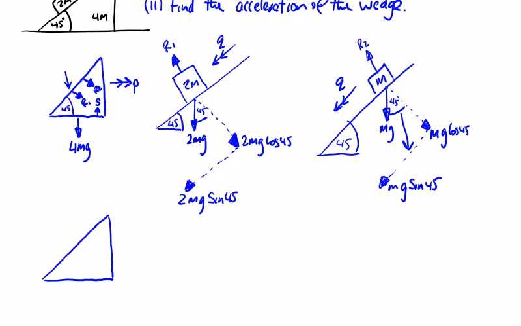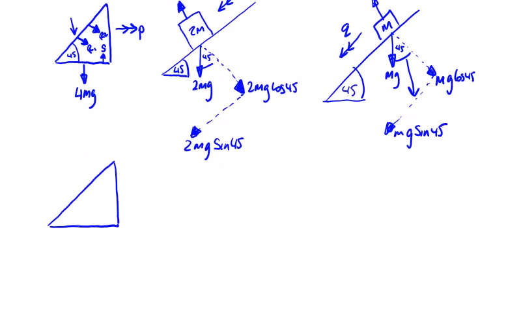So with the forces acting on the wedge, we know it's going in this direction, so we've got to get the forces acting in that direction. So if we have R1 here, going to the right, on my 45-degree angle, it's going to be opposite the 45. So it's going to be R1 sine 45.